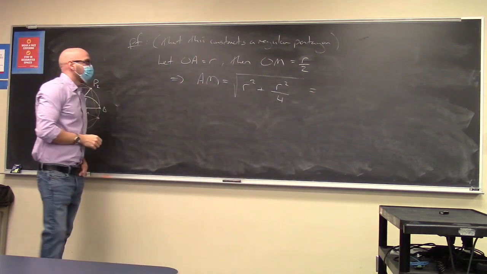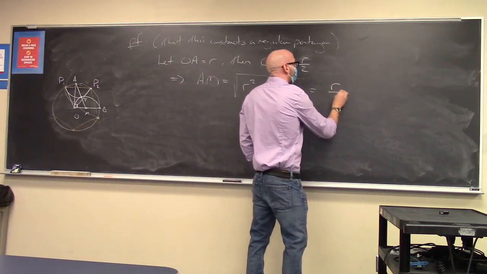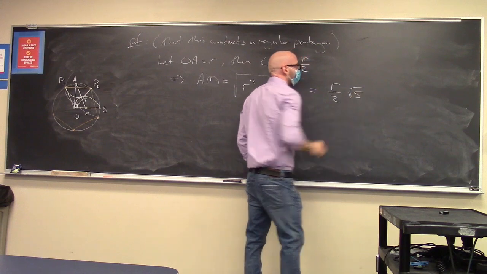That is the square root of 5R squared over 4, so R over 2 times root 5.